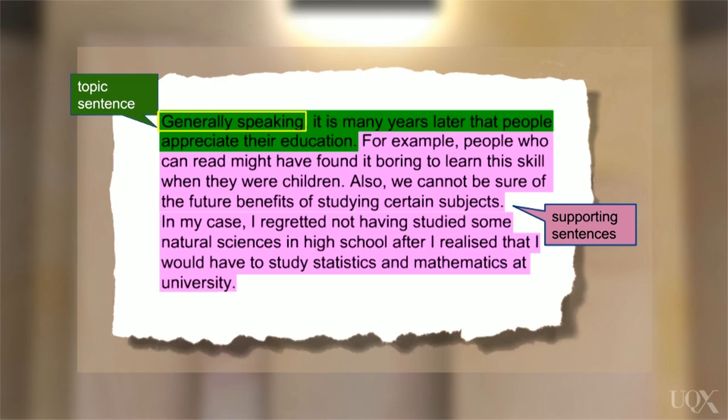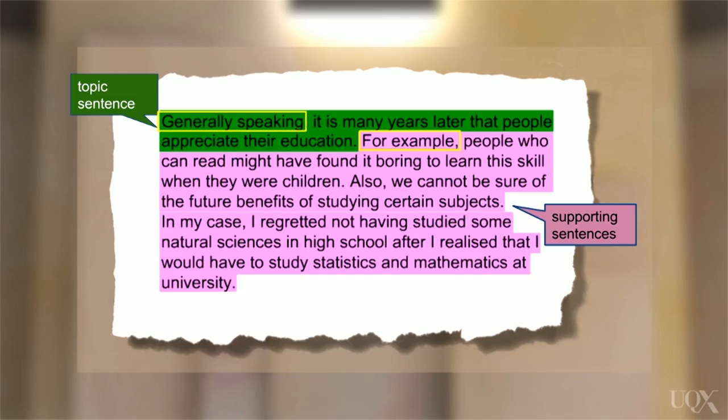After the topic sentence, the writer uses the remaining sentences in the paragraph to develop the main idea. As you can see, the writer gives an example of a useful skill that is learned at school: reading. Notice how the writer uses a linking expression, for example, to show that he is giving an example of the main idea.